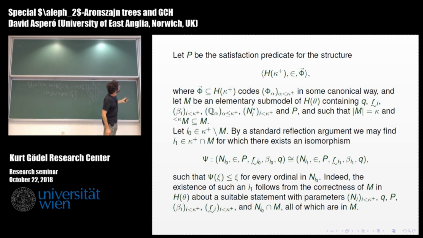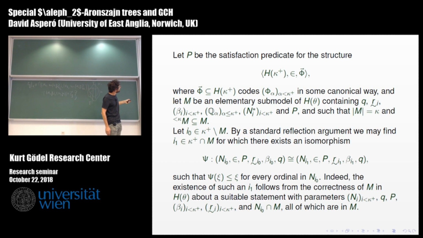I take some index i0 which is not in M. By a standard reflection argument using the closure of M, I can find a copy in M of this N_i0 sitting outside. So I can find some i1 in M for which there is an isomorphism psi between these two structures.